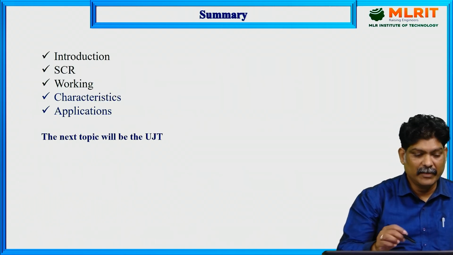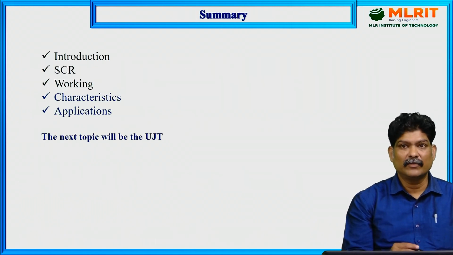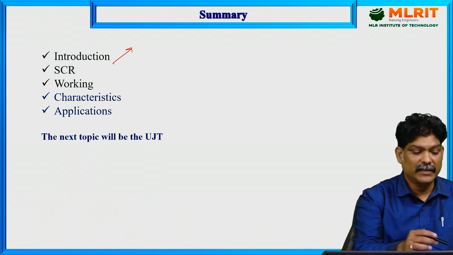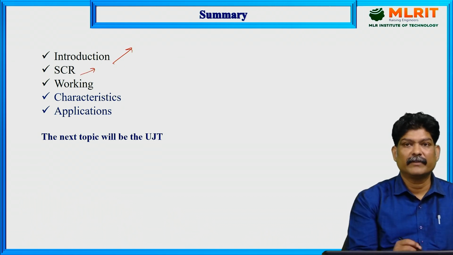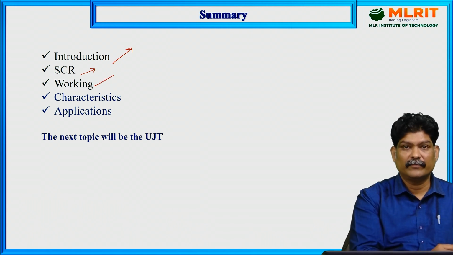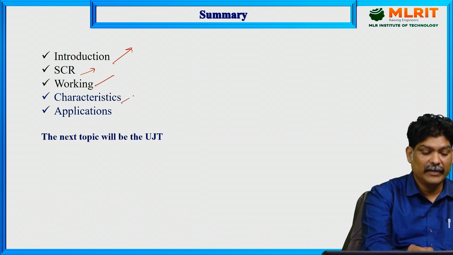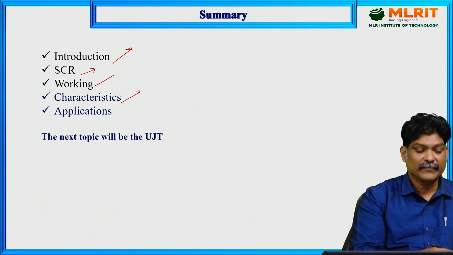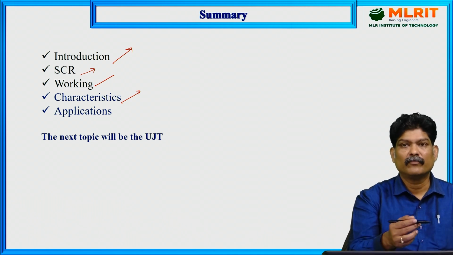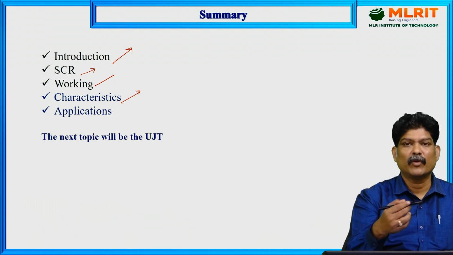So let us conclude for today's session. We have discussed the introduction to the SCR, silicon controlled rectifier, its basic construction, and the working of SCR, followed by the different operating modes of SCR: forward blocking mode, forward conduction mode, and reverse blocking mode.